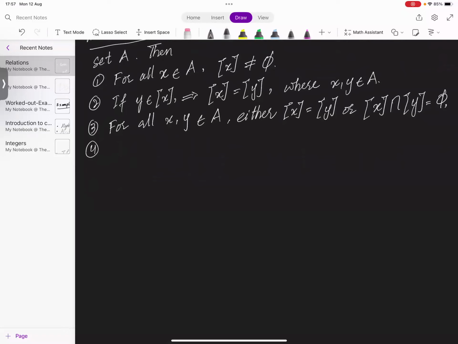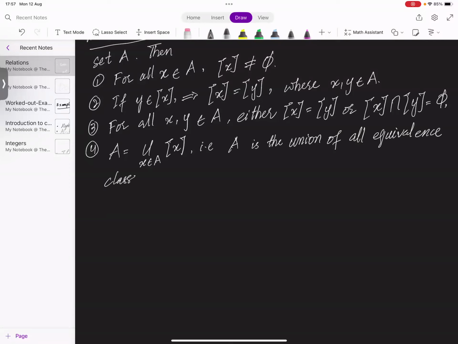And 4: A can be written as the union of all the equivalence classes for all elements in A, i.e., A is the union of all equivalence classes with respect to E. We can prove this theorem. It's a very simple one, so we try to prove it.